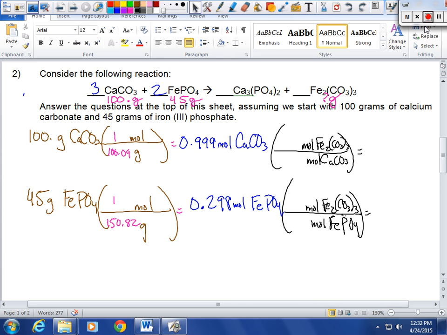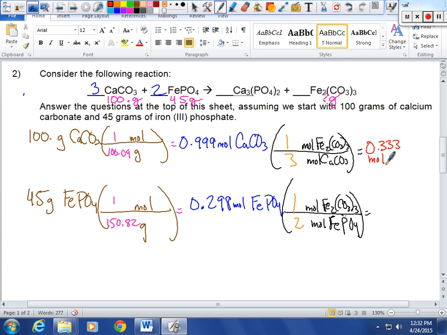Alright, so what'd you get for the mole-to-mole on the top one? Hang on, no, the mole-to-mole. 1/3. What about the mole-to-mole on the bottom? 1/2. Alright, so what was your number of moles on the top one? 0.333. You didn't even really need a calculator on that one, did you?